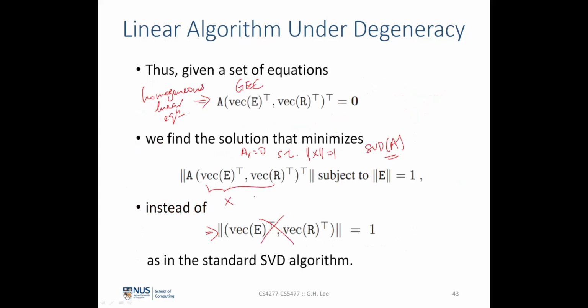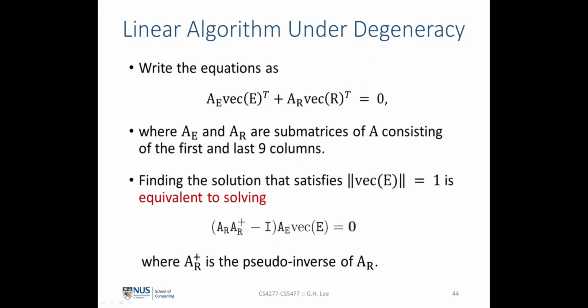Hence, we can ignore the constraint from the rotation matrix and simply solve this minimization equation over here, subject to the norm of the essential matrix being 1.